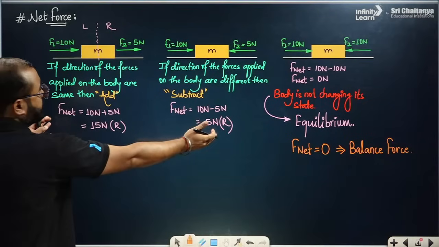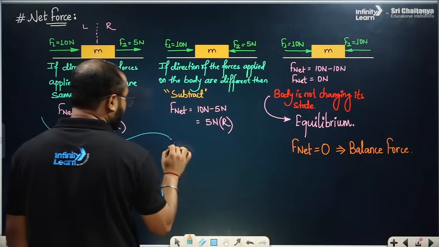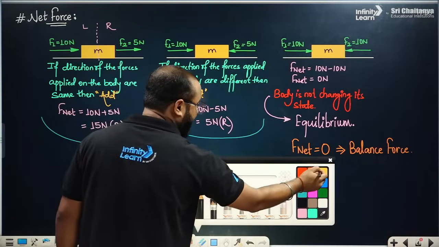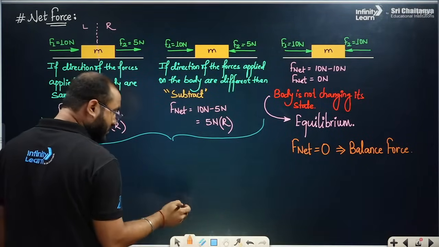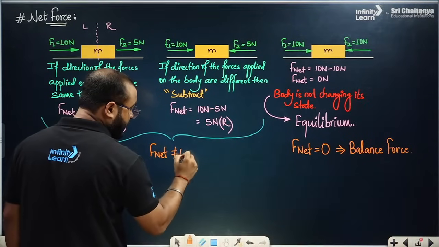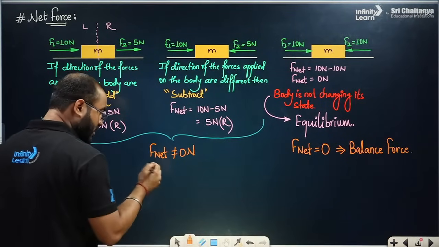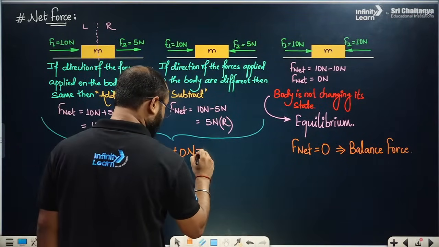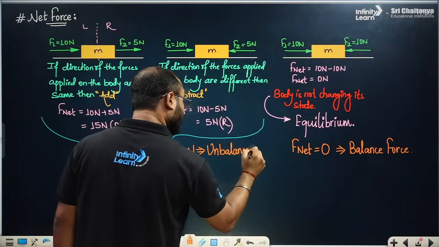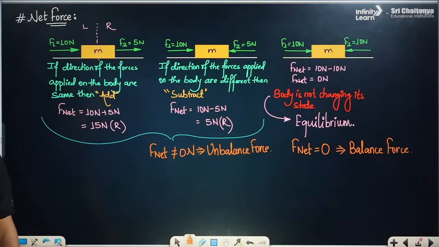Now, if you look at the first and second figure, in both you can say the bodies are in motion. In both cases, F net is not equal to 0. It can be anything, but it is not 0. This is the case which leads to unbalanced forces, people.